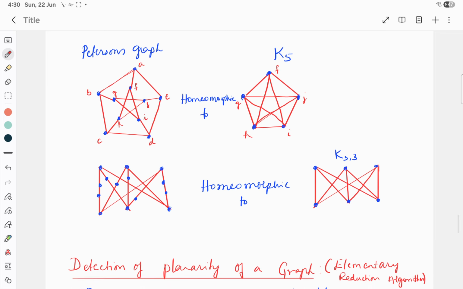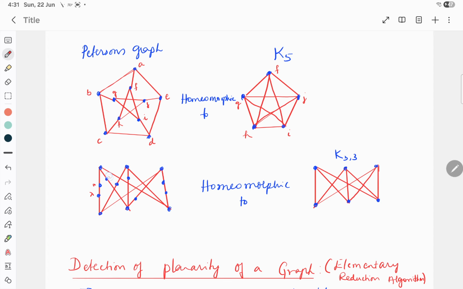Now let us consider this graph. You can see that on every edge there are a few vertices, and those vertices are dividing the edge into subdivisions. If I remove those extra vertices, I'll get K3,3. I have removed these two vertices from this edge, and I'll get one single edge.